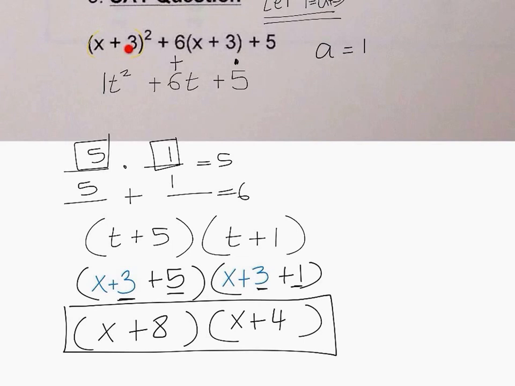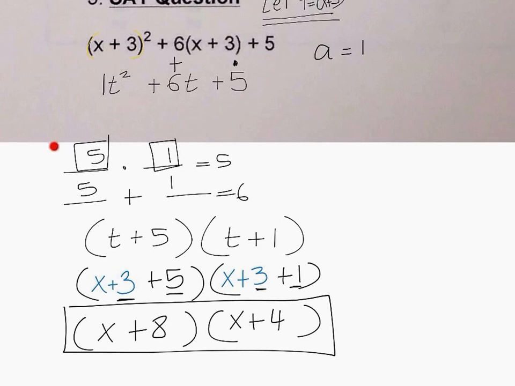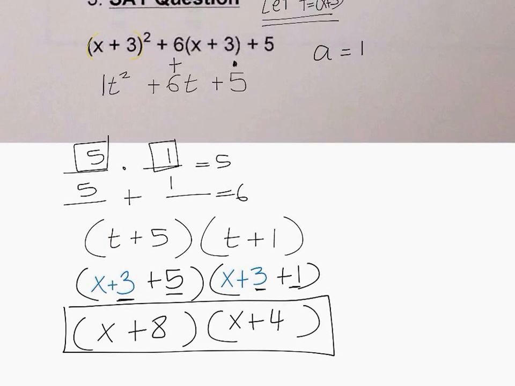So if you get something like this, and you see that the same factor is repeated, just replace it with a variable, whatever variable that you want, factor the new polynomial, and at the end, once you get the factored form, you can replace t by whatever you assumed it is equal to and simplify. And that would be how you simplify or factor a problem like this.